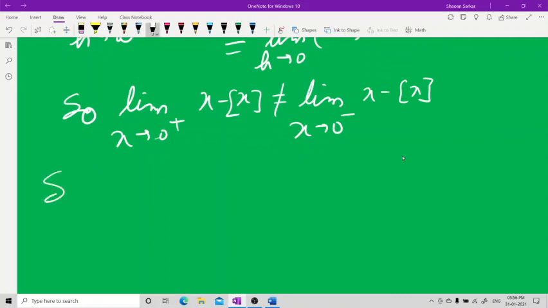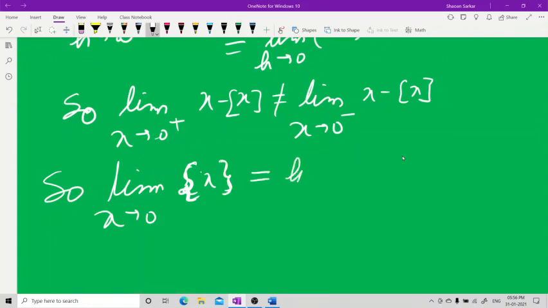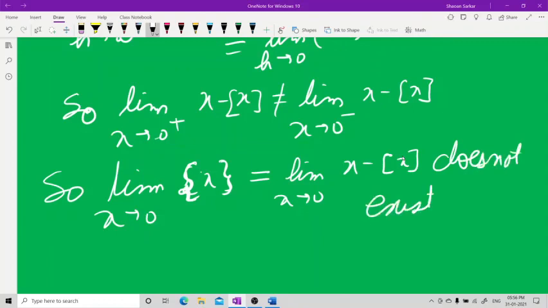They are not equal. So limit x tending to 0 of the fractional part function, the curly bracket, which is also x minus the greatest integer floor function, does not exist at x equal to 0.